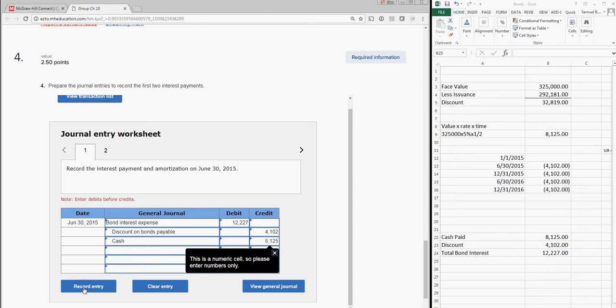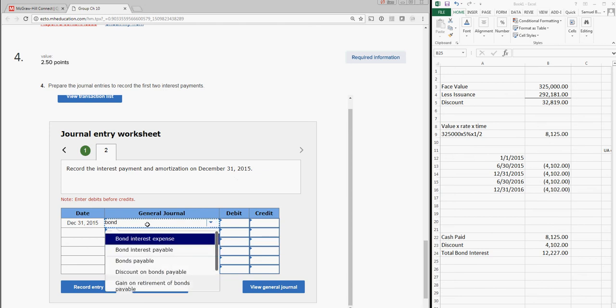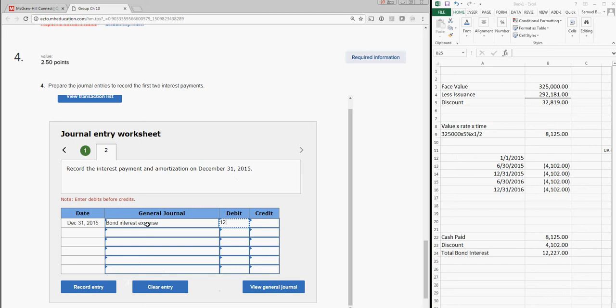So if we go ahead and record that, it says record the interest payment, the very next interest payment, which is December 31st, 2015. Well, because it's a straight line amortization of the discount, every single interest payment is going to be recorded exactly the same. So bond interest expense, $12,227. The discount on bonds payable will get a credit for the $4,102, and the cash paid out will be $8,125. Hit record on that entry.